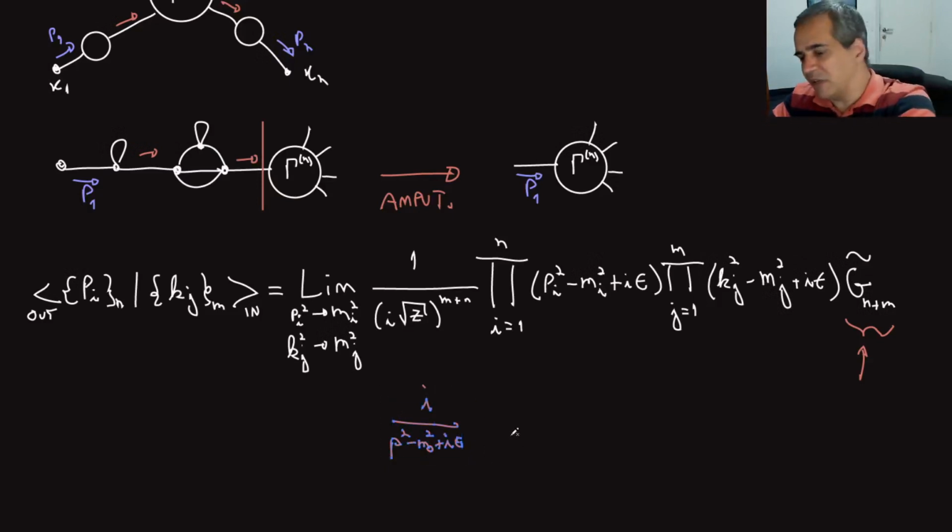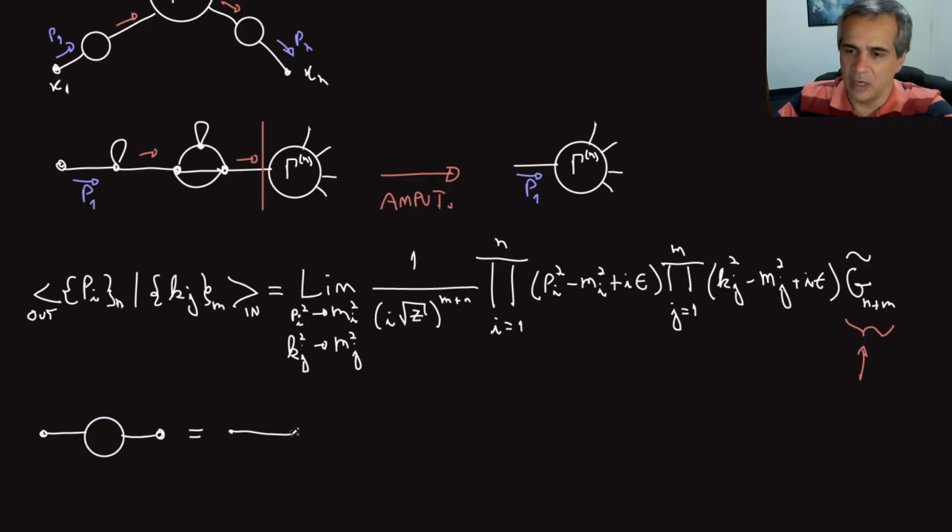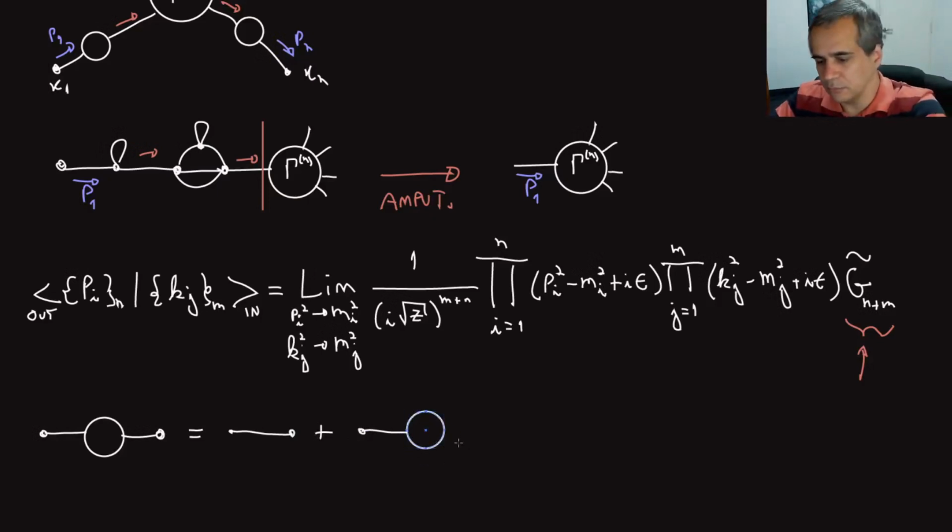But now we know there is an object called the full propagator. And we actually have shown that this is a sum of 1PI diagrams. This is a series we have looked into a few videos ago.